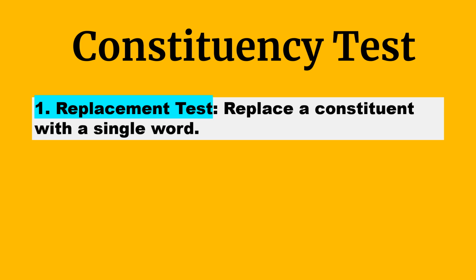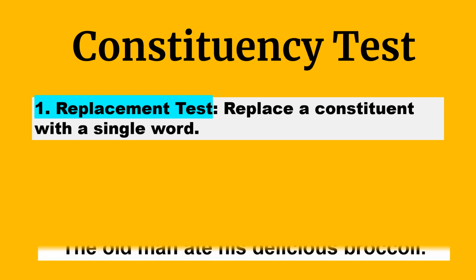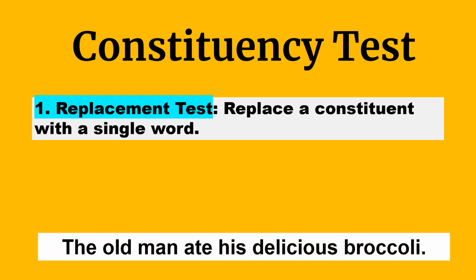With this test, we replace a constituent with a single word in the same category, and typically, this is used for noun phrases. Let's take this example. For instance, the sentence, the old man ate his delicious broccoli. The noun phrases are the old man and his delicious broccoli.